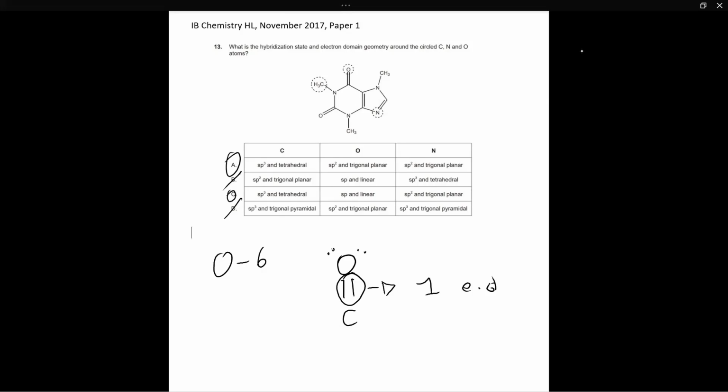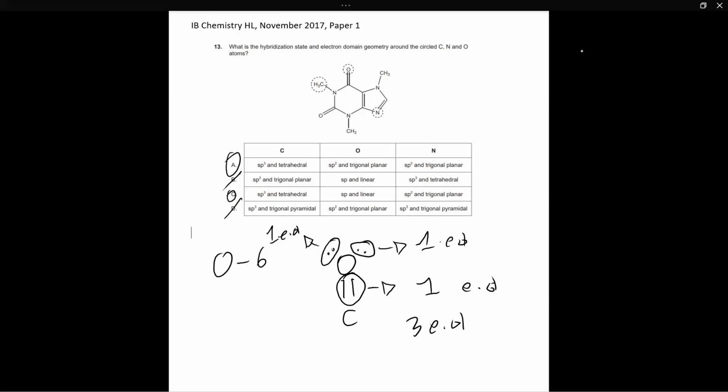It is not considered as 2, because the electron density still only exists in this area between the nuclei of the oxygen and the carbon, as they're sharing electrons in this region. Whereas the lone pairs over here are considered as individual domains. So in total, there are 3 electron domains if you count it, right?